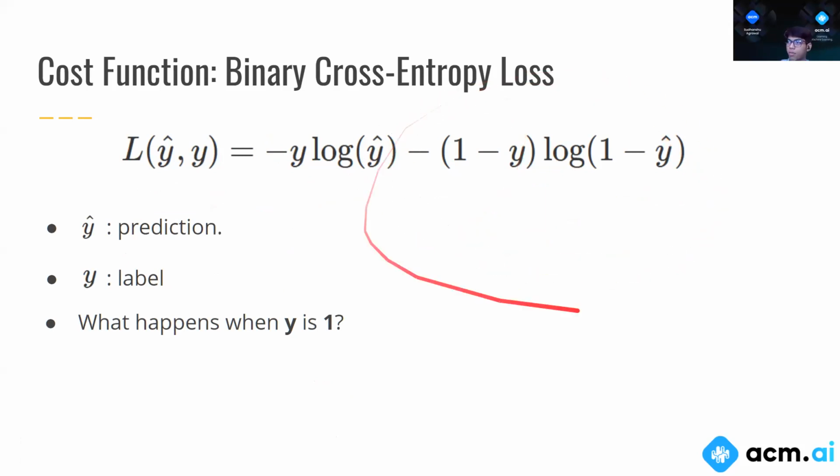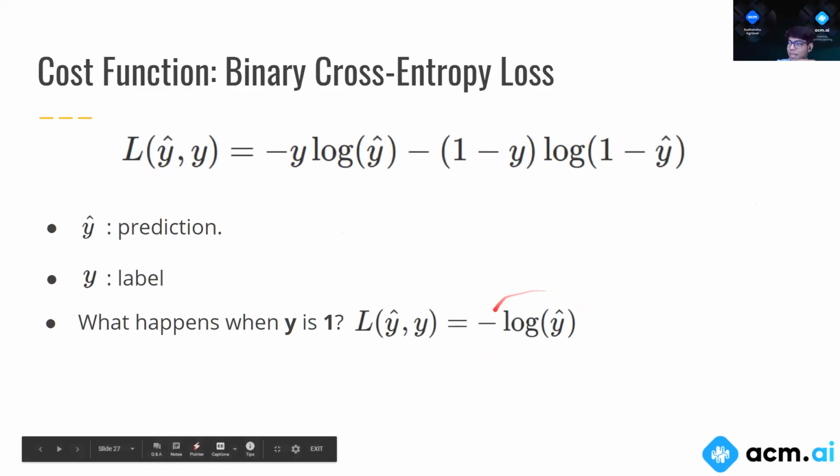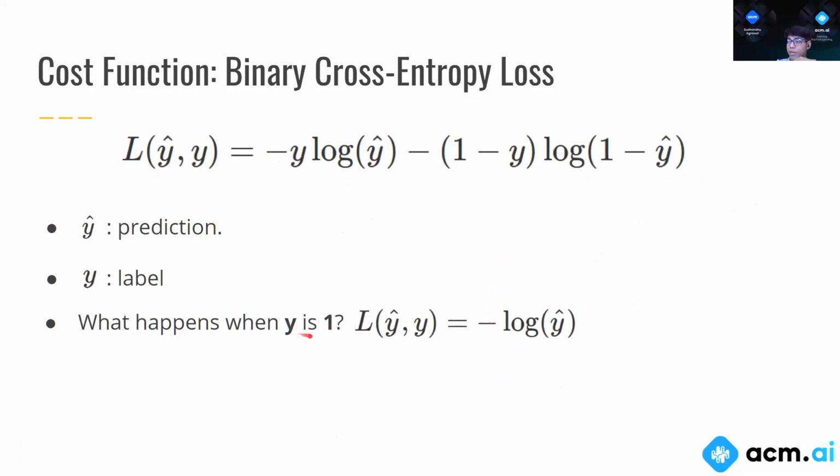You see this term over here, you get a 1 minus y. 1 minus 1 is just 0, so this term ends up disappearing. Over here, we just say minus 1 times log of y hat. So all in all, this really scary looking formula reduces down to this one single term if y is equal to 1.